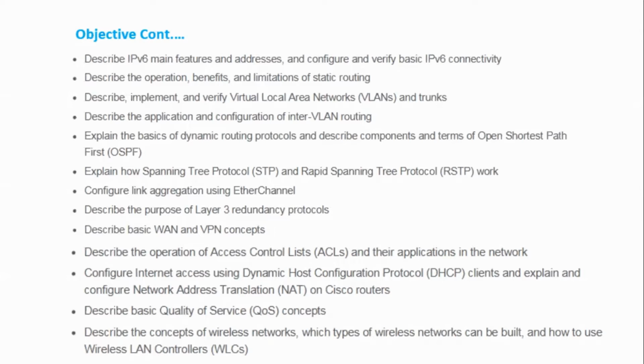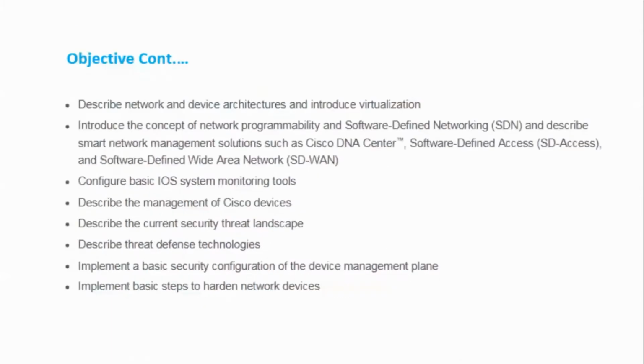So how to do that with QoS. And the wireless LAN controller, what is a wireless controller, how many types of access points are there, and how we can control all the access points throughout the network through a wireless controller.